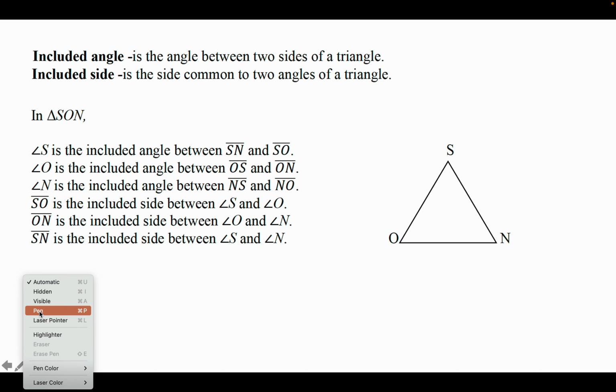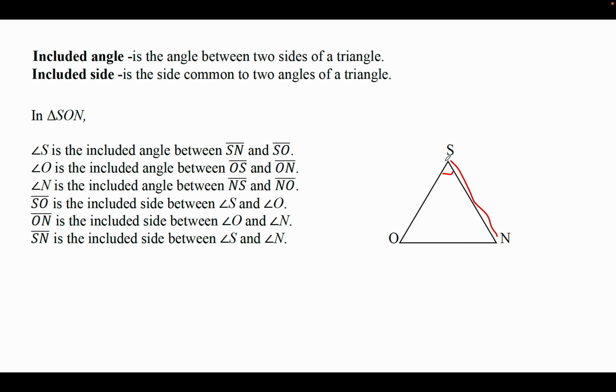So angle S here is the included angle between line segment SN and line segment SO. Meaning, we can say side SN, this side, and then this side, SO. So the included angle is the angle S. Ang nasa gitna ng dalawang sides na 'yan. That is what we mean by included angle.